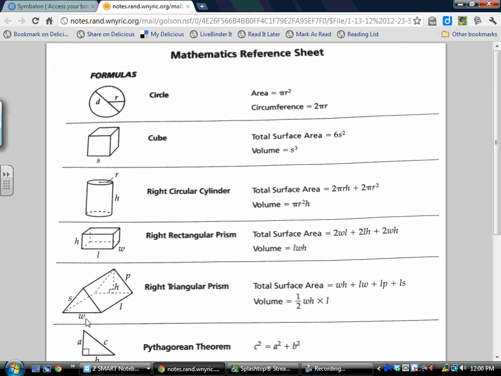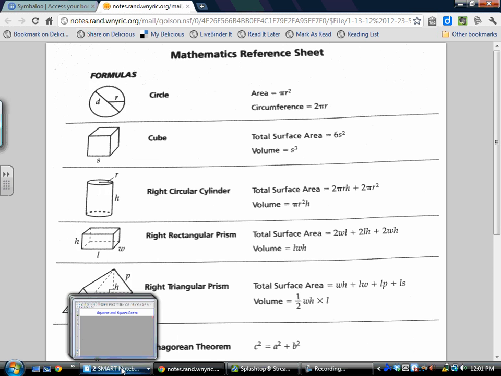So the width, we see the W is the bottom of the triangle. The height is the height of the triangle, comes down and meets the width at a right angle. And then the L is between the 2 triangles, this side that runs between the 2 triangles.